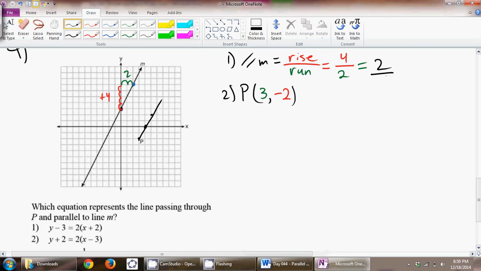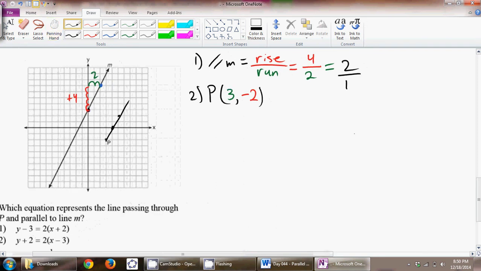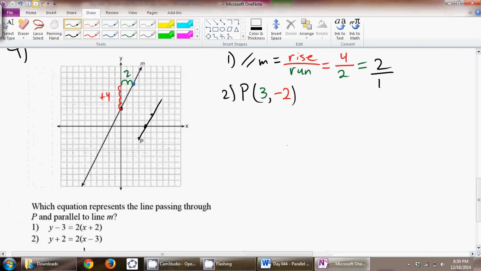So instead of doing the slope as 2 over 1, I'm going to do it as negative 2 over negative 1. 2 over 1 is the same as negative 2 over negative 1. They're equal, right? Positive divided by positive is positive. A negative divided by negative is still positive.